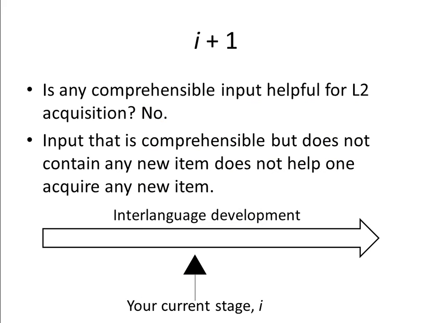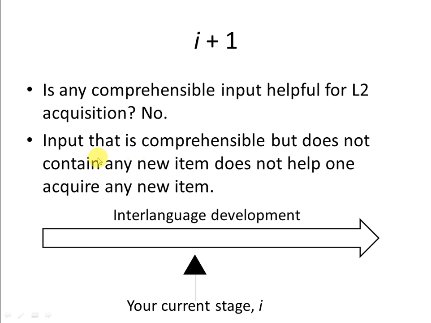Okay, so input must be comprehensible for language acquisition or second language acquisition to take place. But is any comprehensible input helpful for second language acquisition? The answer is actually no. So input must be comprehensible, of course, but there is another condition for input to become helpful.